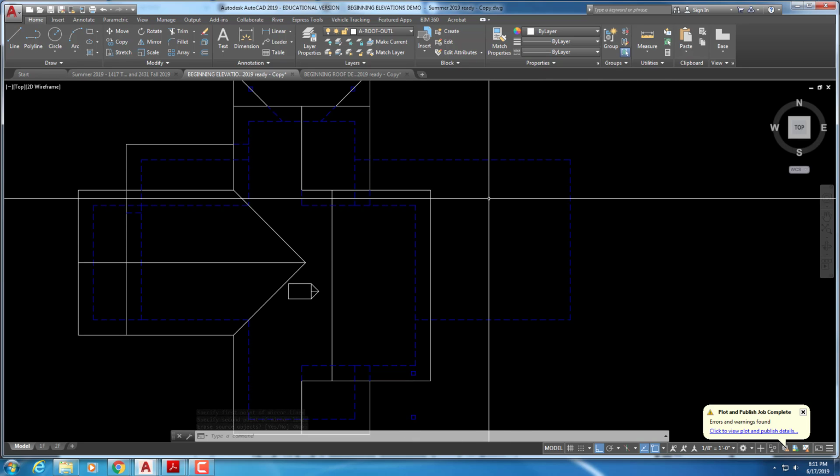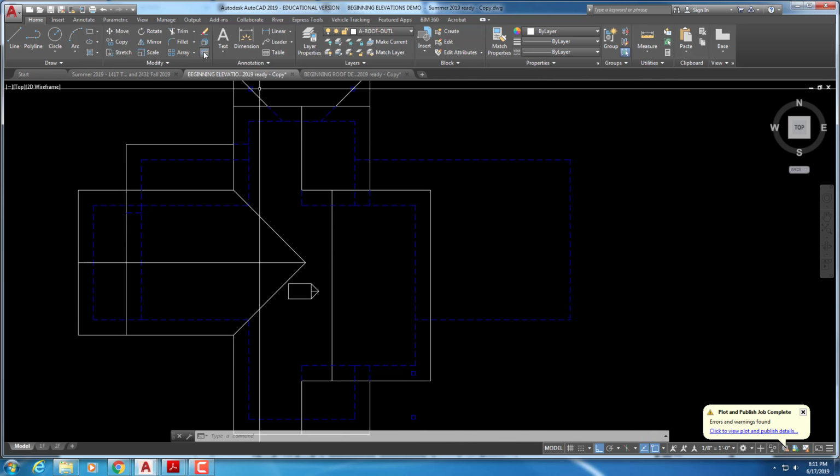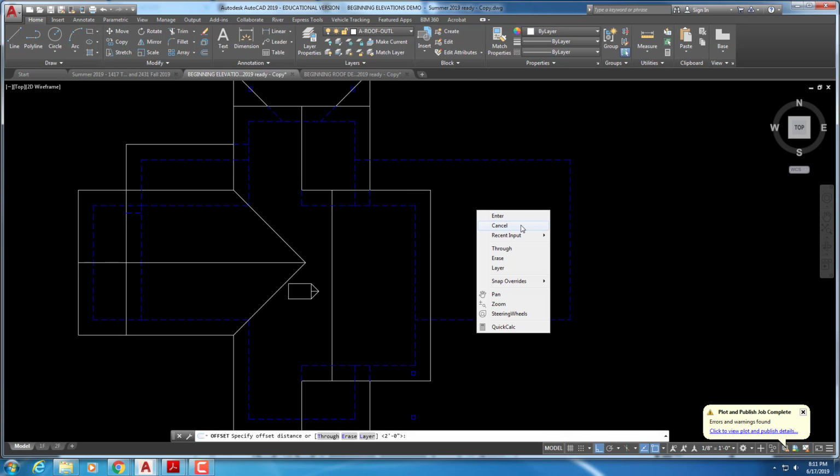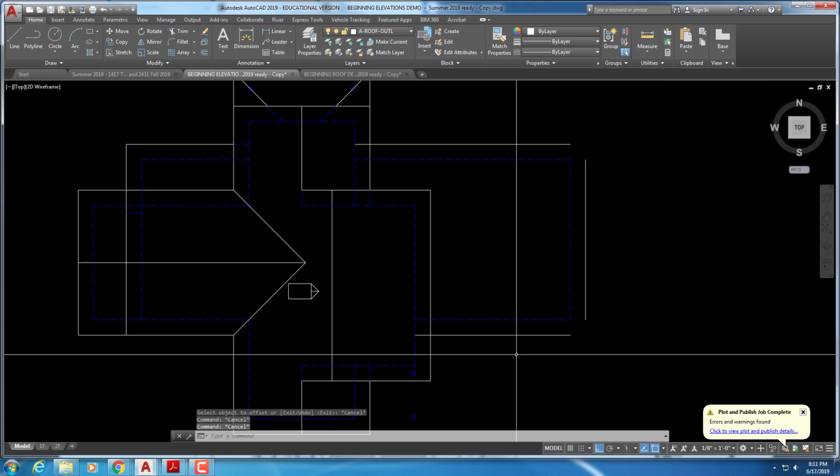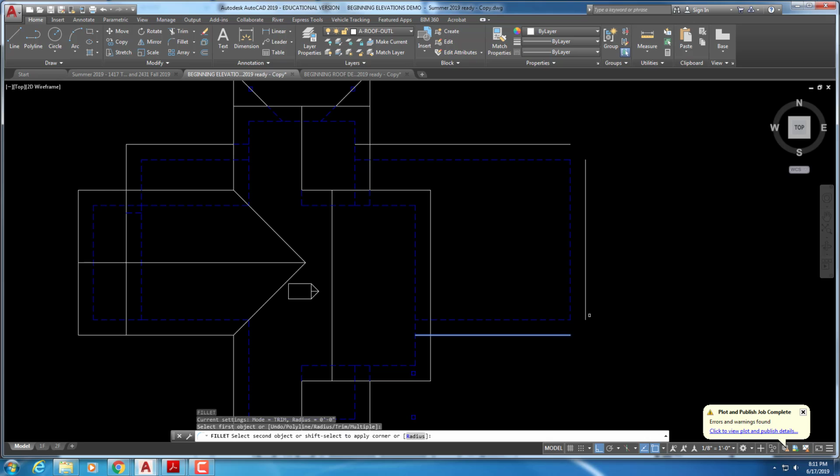Then we've got the garage, which is another gable roof, 2 feet overhangs. Put these together.